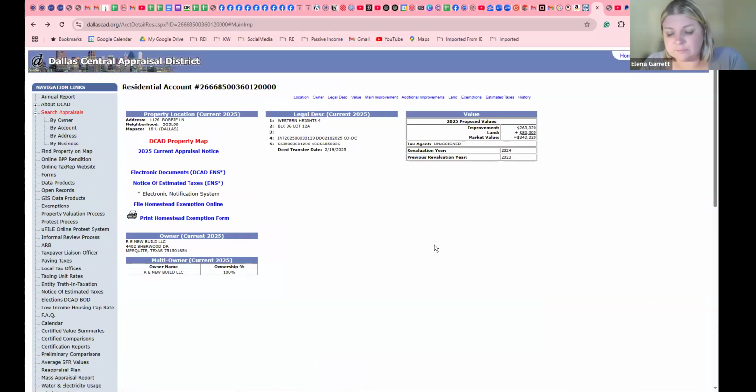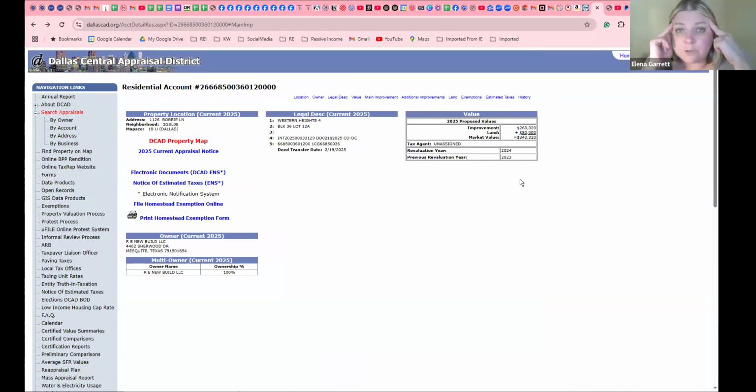Let's just say 6,700. 80,000 divided by 6,700 comes out to about $12 per square foot for your land. So currently they're assessing you about $117 per square foot of improvements and about $12 per square foot of land.